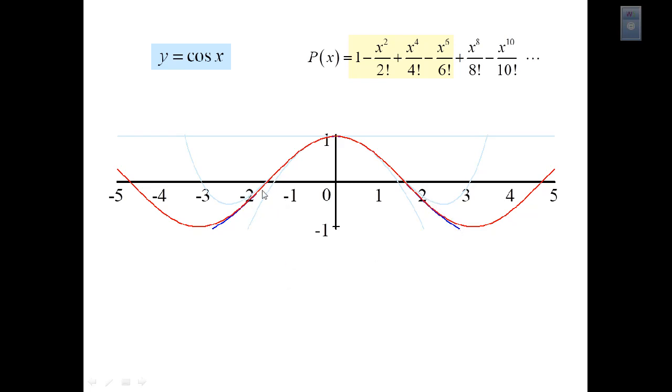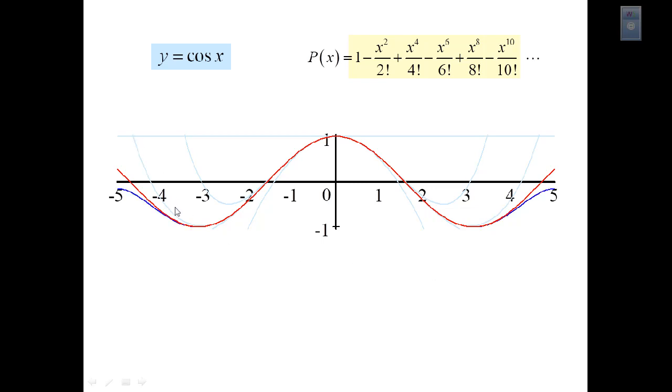And notice that it's accurate almost out here to -2 and +2, even a little further past it. Very accurate. So the more of these terms you use, the larger the interval where your polynomial is a decent approximation. So x to the 8th, since that's going to be a positive, it's going to open up.